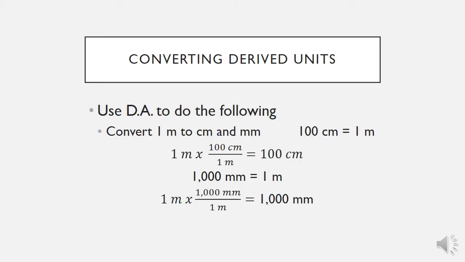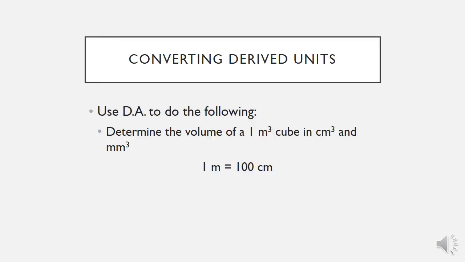This process gets a little bit more complicated when I ask you to do it with the derived units. So this time we're going to change the question a little bit. I want to find the volume of a 1 cubic meter cube. I want it in cubic centimeters and cubic millimeters.